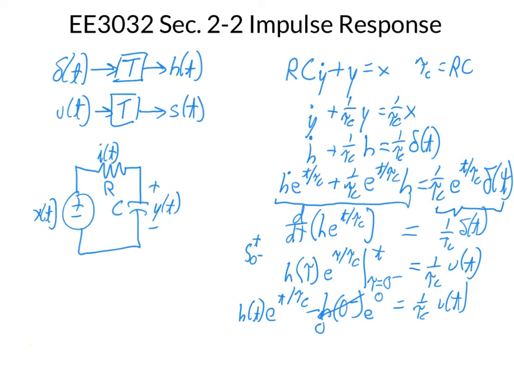So on the left-hand side, all we have left is the function h that we're trying to solve for times this term, and we are going to divide out that term from what's on the right-hand side to get our answer. So our answer is h of t equals 1 over tau c, and I divide out, so I get e to the negative t over tau c, times u of t, because the impulse response starts at 0. So we get the exponentially decaying voltage, which is what we expect.